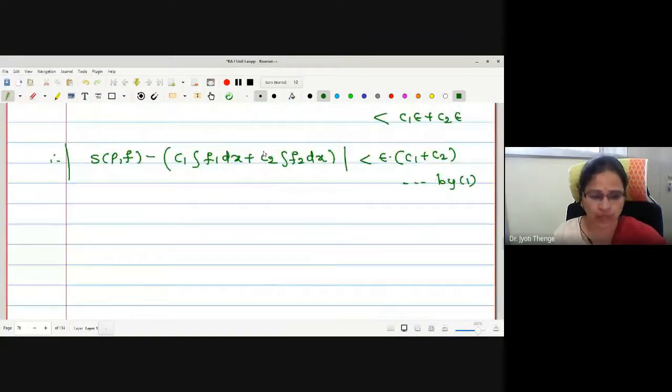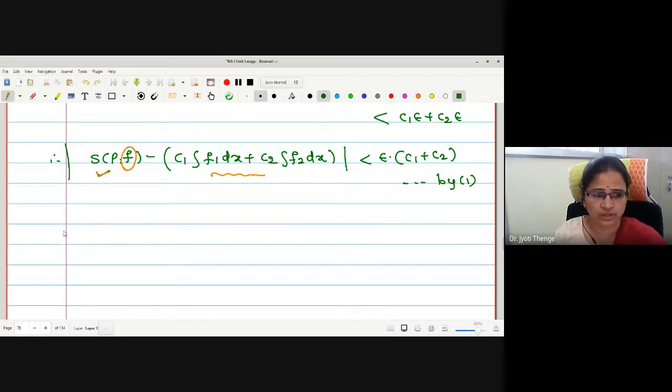Now look at the statement. Looking at this, may I say the limit of S(P, f) exists and this will be a limit? Therefore, may I say whatever function is under consideration is integrable.